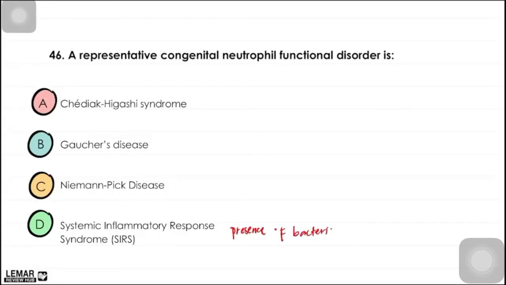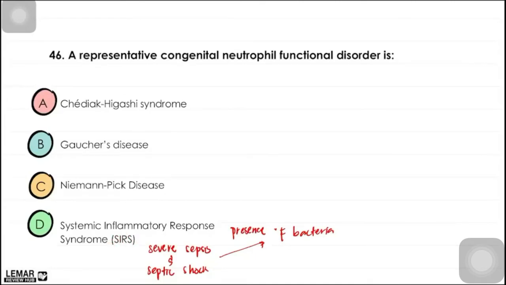Systemic inflammatory response syndrome is a combination of severe sepsis and septic shock. That is caused by the presence of a bacteria. So, toll-like receptors cause the antigen-presenting cell to produce pro-inflammatory cytokines in the systemic inflammatory response syndrome. This is not a congenital neutrophil condition, but rather an acquired condition.